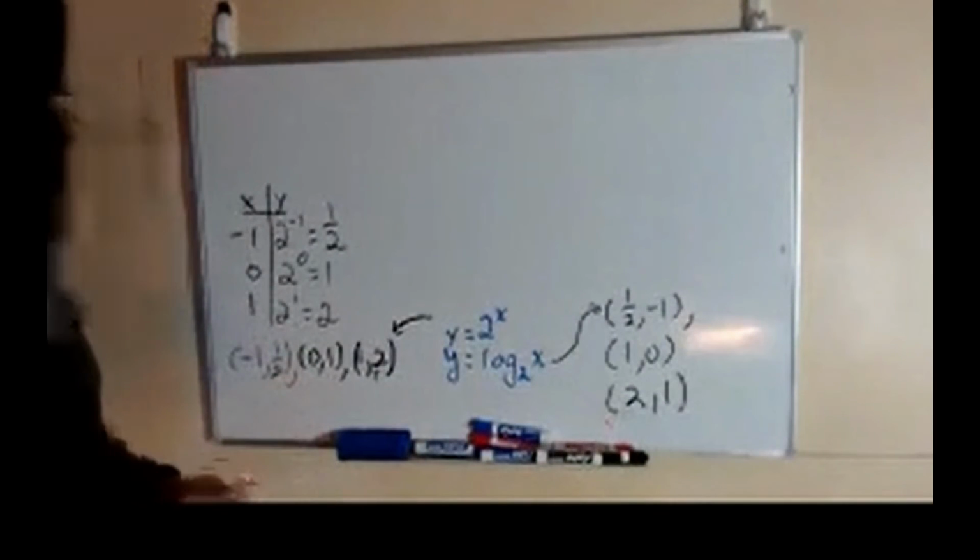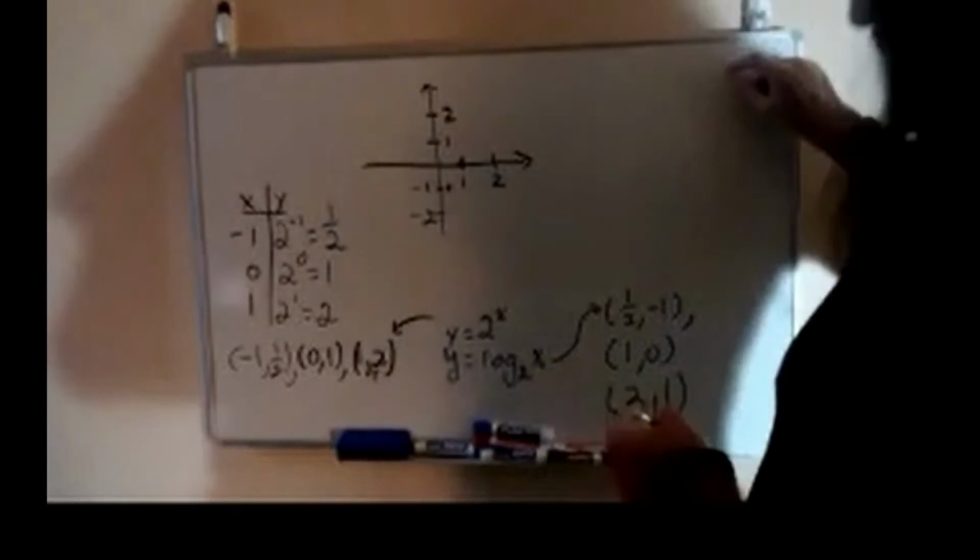Plot those 3 points. One half, negative 1, spot right here. 1, 0, which is the x-intercept, and 2, 1.